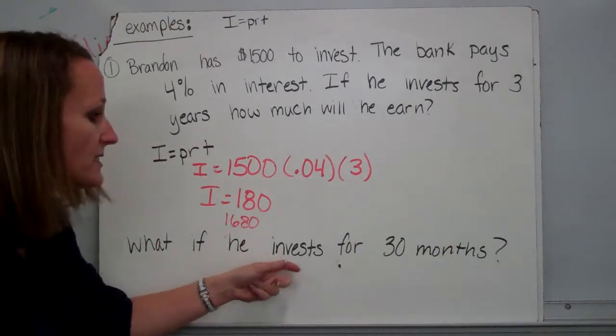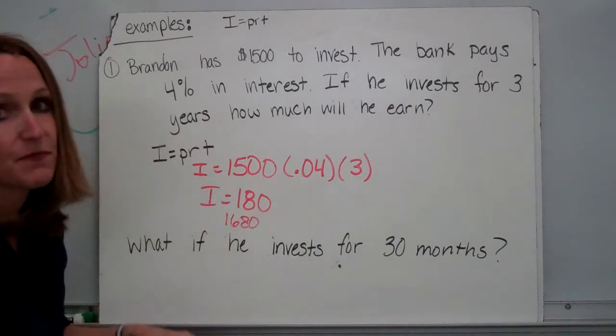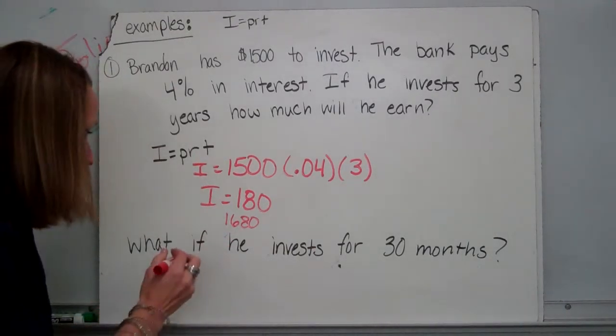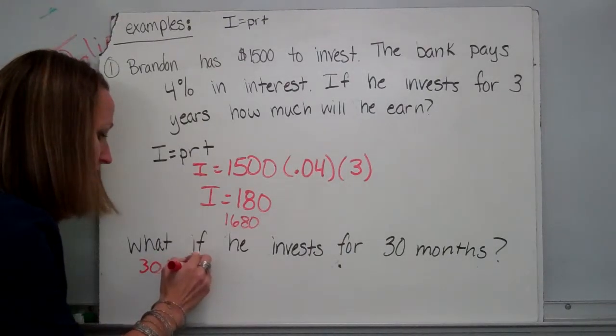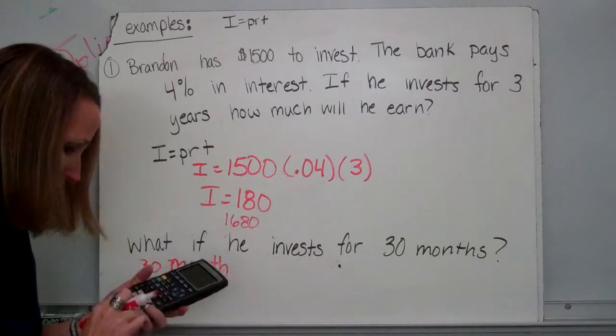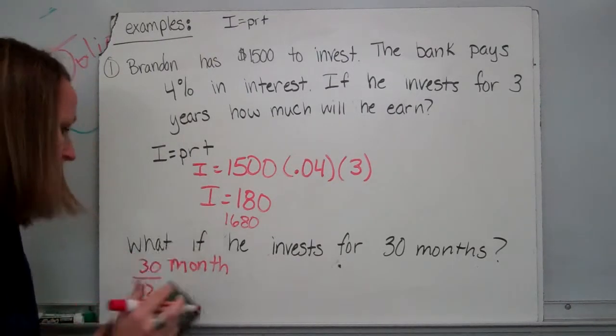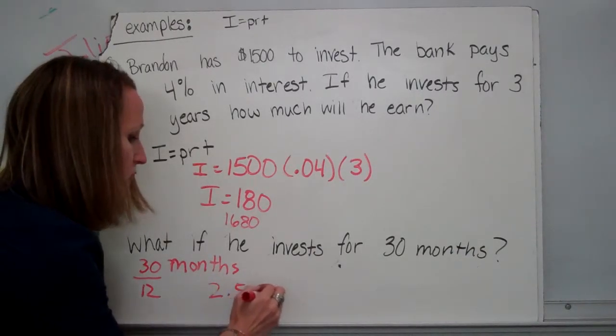Okay, so what if he invested for 30 months, which is less than that? With 30 months, we would have to divide 30 by 12. This is when we would have to do the conversion. 30 divided by 12 gives you 2.5 years.